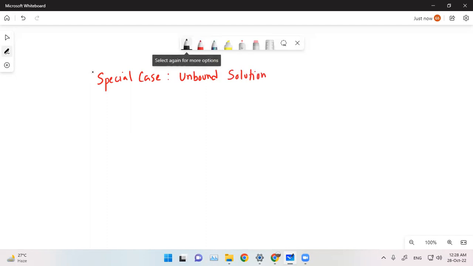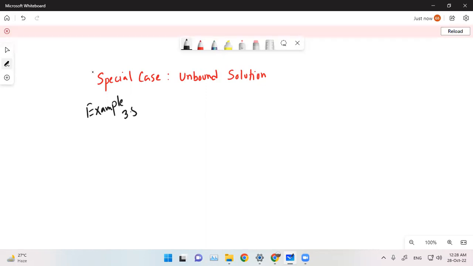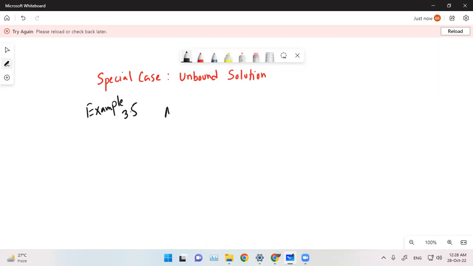This is also a minimization problem. So example 3.5: minimize f of x, or simply f. Now we said that in this particular book, capital F is used for maximization and smaller f is used for minimization.